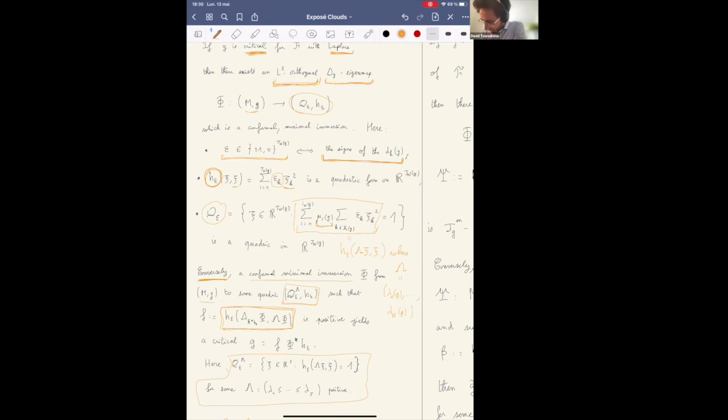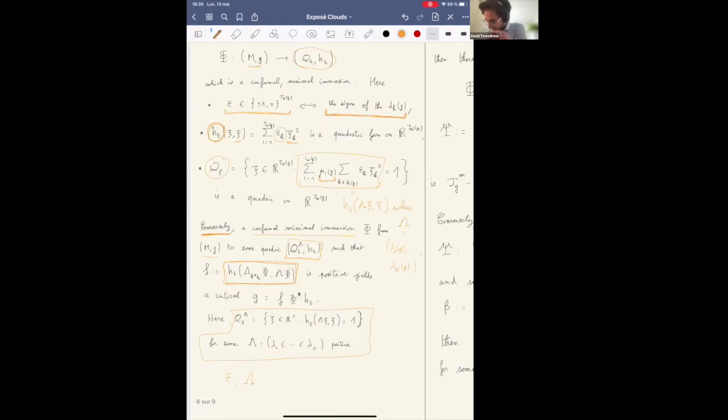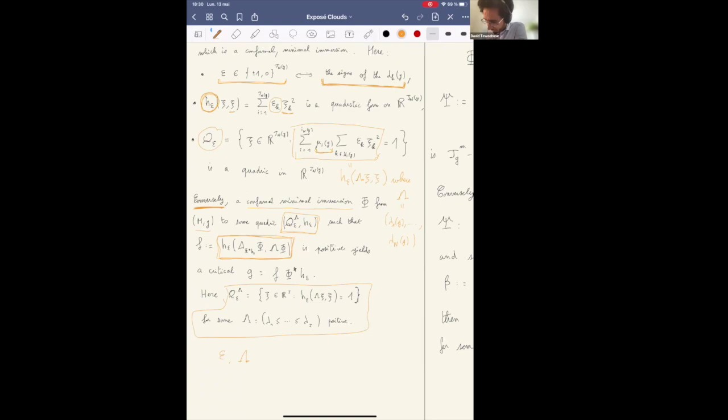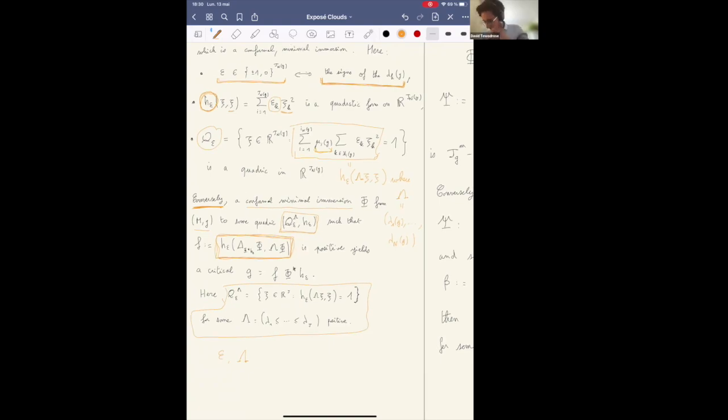Otherwise, we may not get a real pullback Riemannian metric. We may obtain some strange object that would not be positive definite everywhere. So we must make sure that this function is positive. In this case, the critical metric is given as a pullback of the quadratic form H epsilon times F.